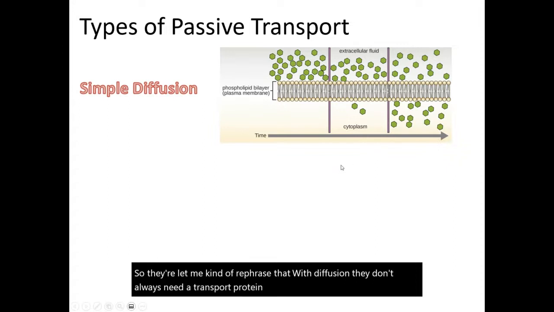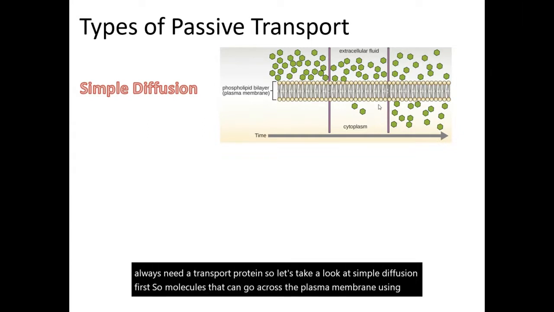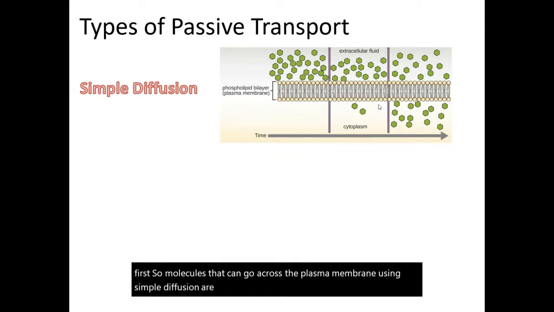So let's take a look at simple diffusion first. Molecules that can go across the plasma membrane using simple diffusion are normally small hydrophobic molecules, meaning they are compatible with that hydrophobic barrier. And so these molecules can literally just wiggle across that plasma membrane. They don't need any help, and no extra energy is required.